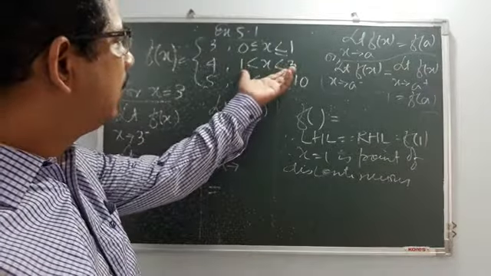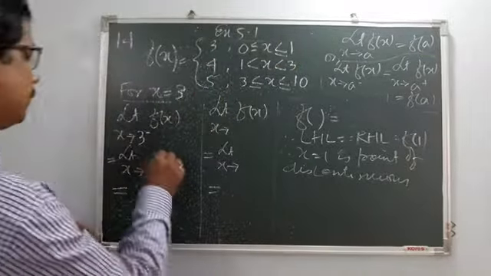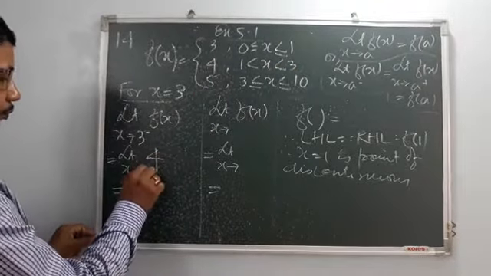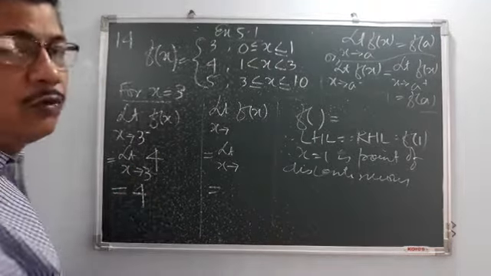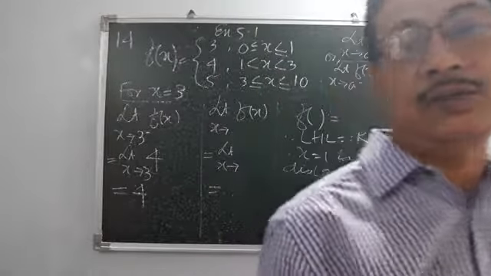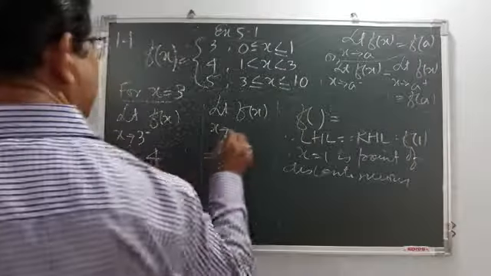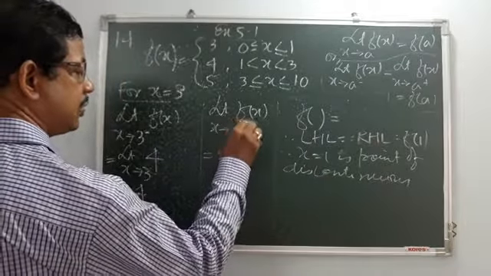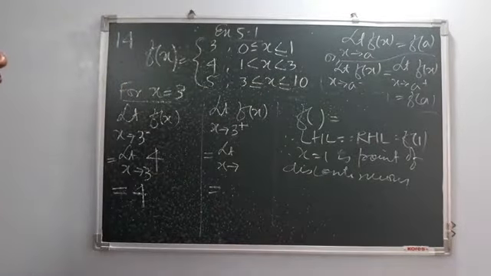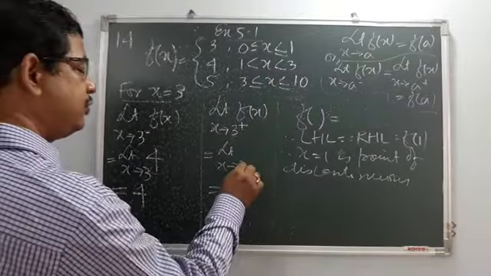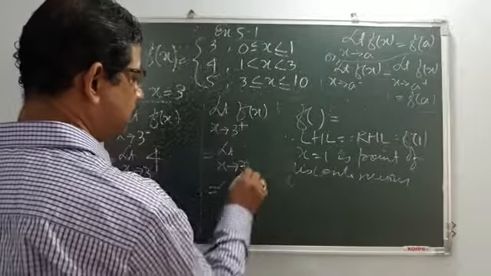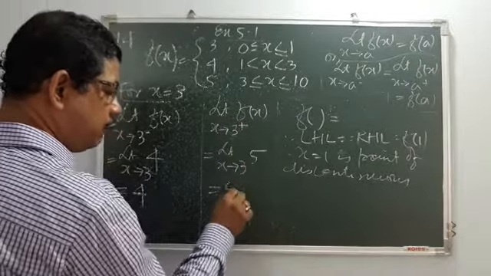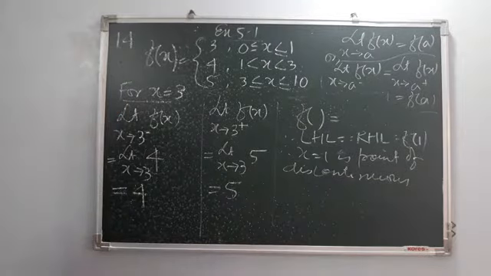When x is little less than 3, the value of f(x) is 4, so this limit gives 4 only. This is our left hand limit. If we take the limit of f(x) as x tends to 3 plus, little greater than 3, the value of f(x) is 5, so the RHL becomes 5.